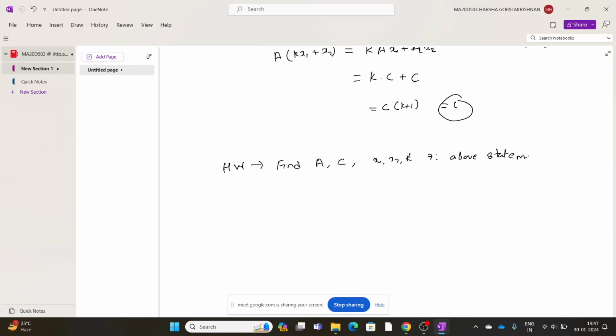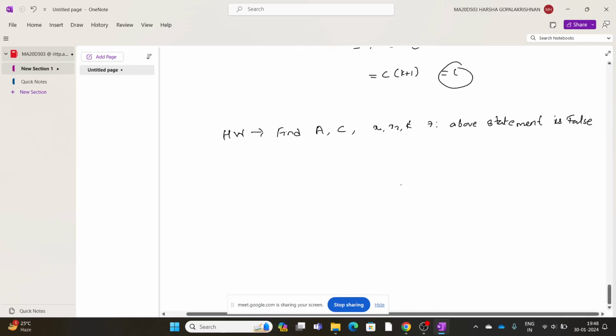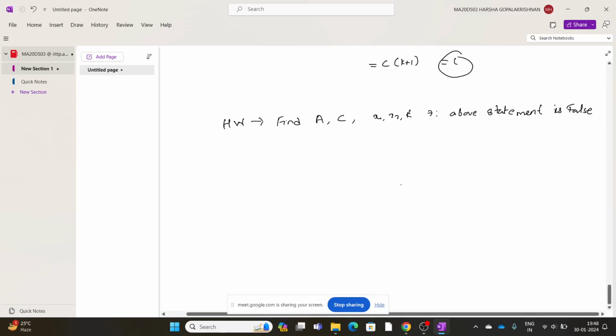If it is false, we should give a proper counterexample, that is, some kx1 plus x2 that does not satisfy this. So I want you to find some matrix A and c such that Ax equal to c, and some solutions x1, x2 such that kx1 plus x2 is not a solution. Just try to find such values. It will be very easy.